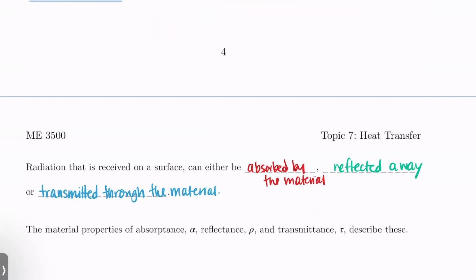There are 3 material properties that essentially describe how a material is going to behave in each of these 3 ways for how it can deal with incident radiation. Radiation that is received is sometimes called incident radiation.